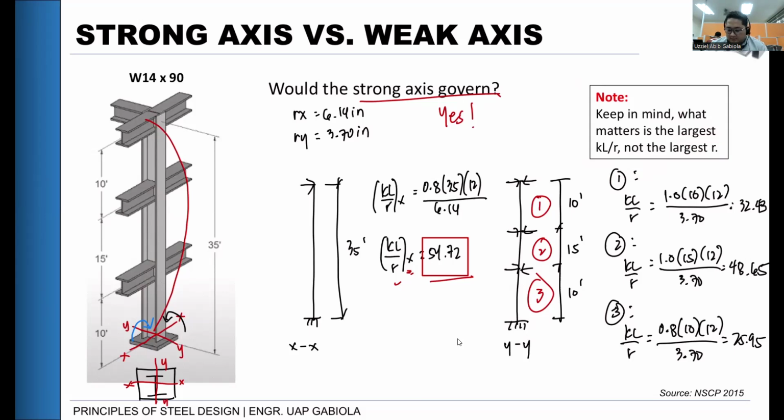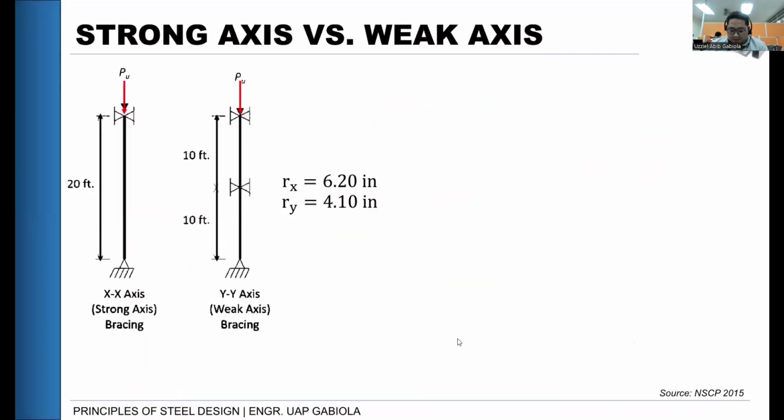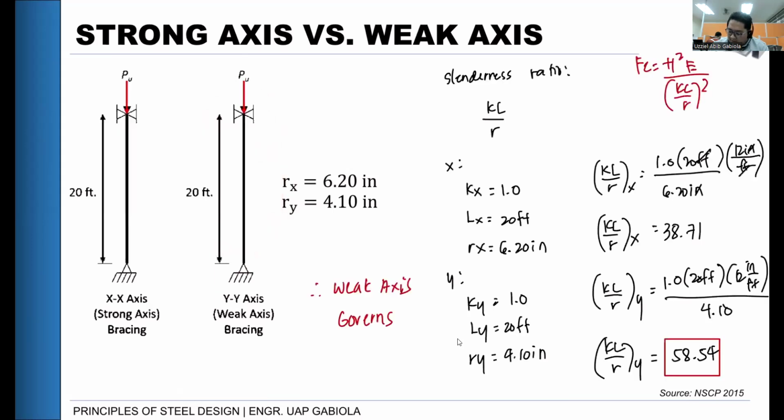Sige. So itong next one is the same as the first example. Ang nangyari lang dito sa Y natin is nagkameron siya ng tukod dito, so parehas naman siyang pin. Ibig sabihin yung nakuha natin KL over RY dito kanina na 58 point something, magiging half siya kasi naging half yung length. So that is 58.54 divided by 2, magiging 29 na lang.